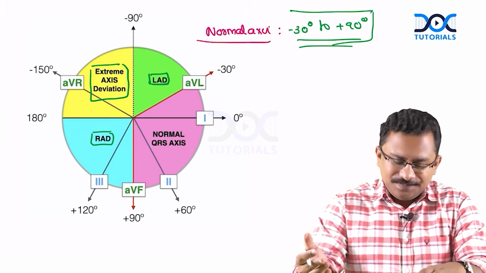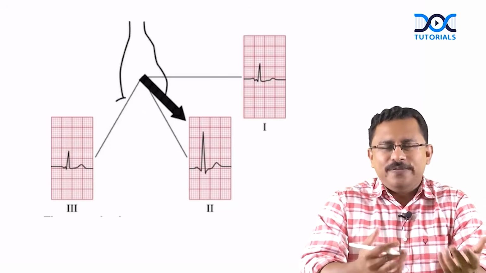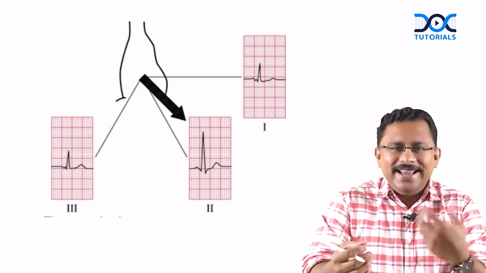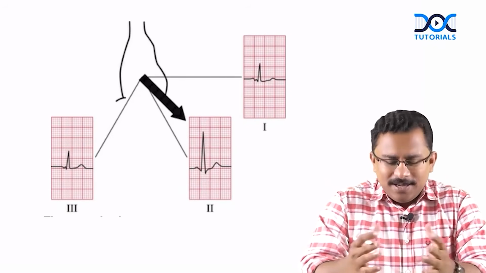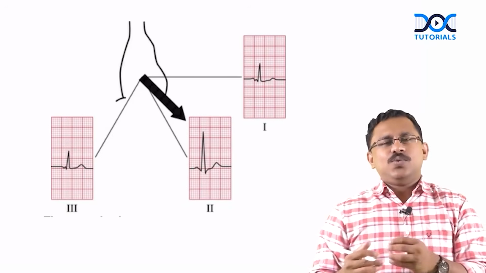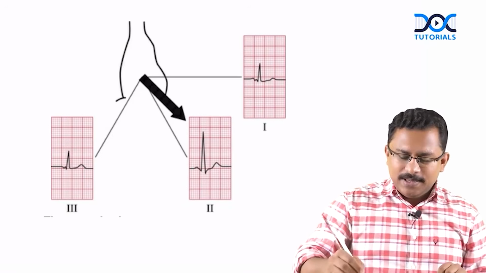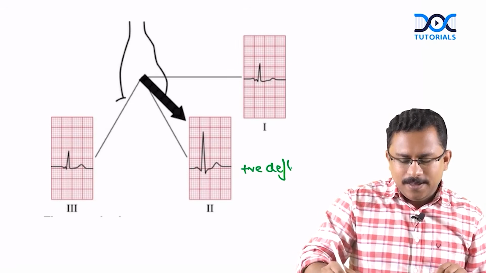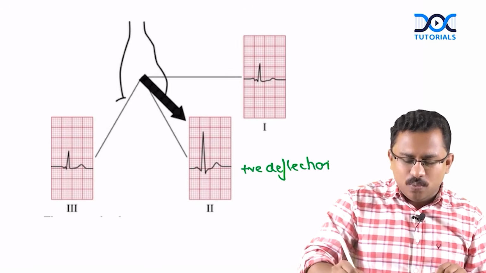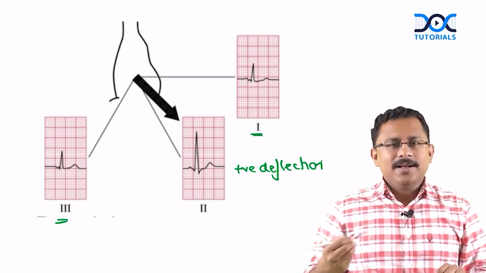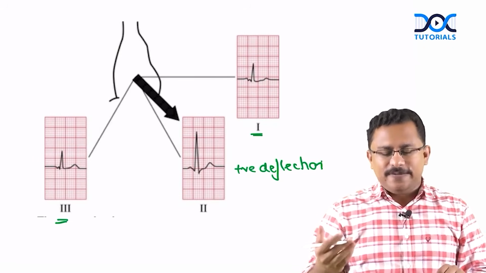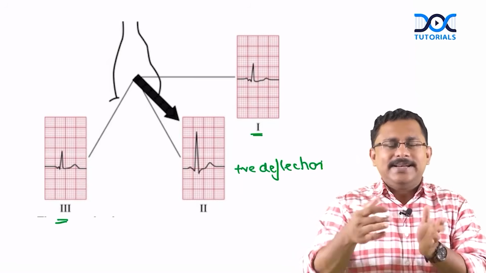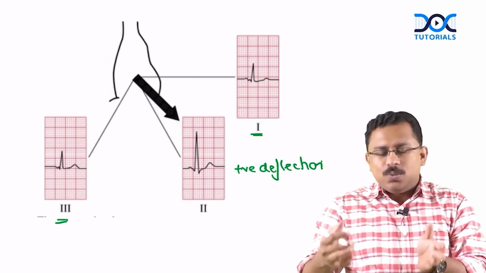Now, I have told you before that lead 2 will have a net positive deflection and lead AVR will have a negative deflection. But I am showing you another figure to substantiate one more point. Lead 2 has the positive deflection, but please understand that lead 1 as well as lead 3 will also have a positive deflection, because here also it is moving towards these leads, but it is moving closer towards lead 2.